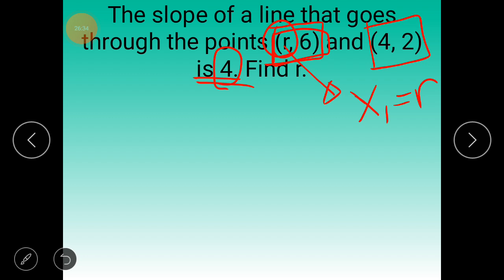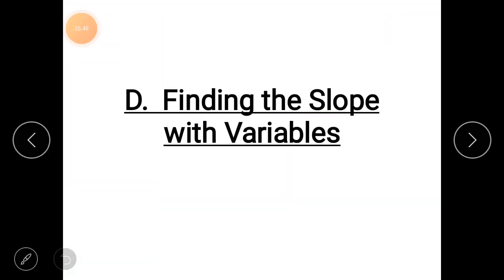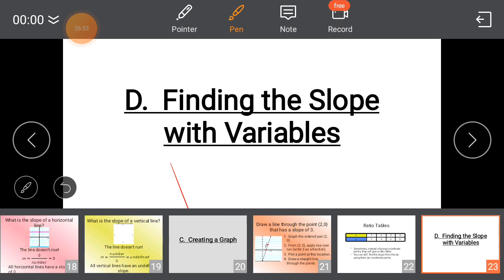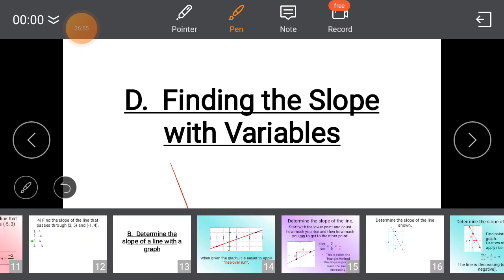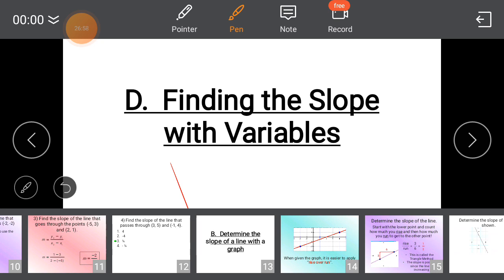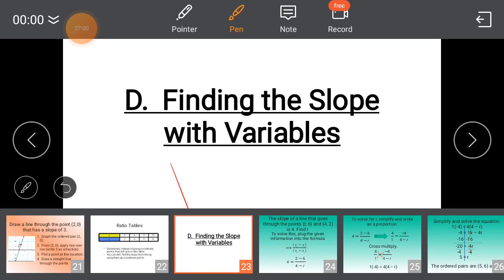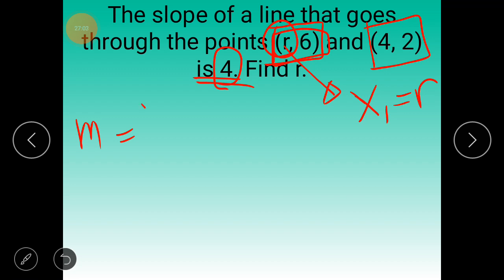So how will you do that? You just have to use the same formula. M equals y sub 2 minus y sub 1 over x sub 2 minus x sub 1.